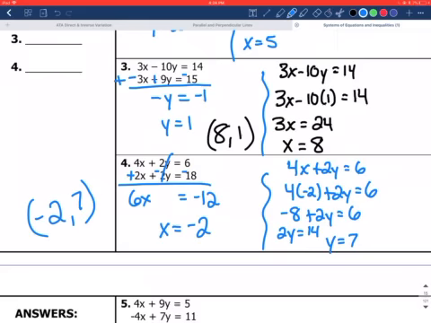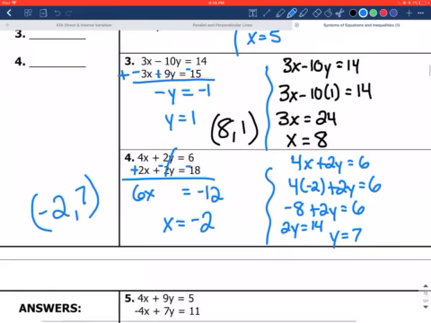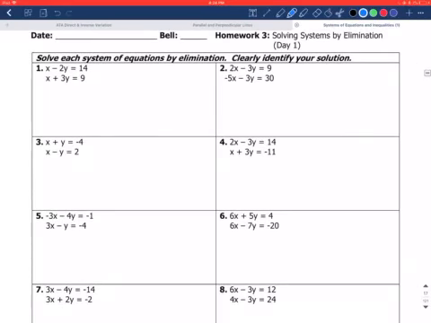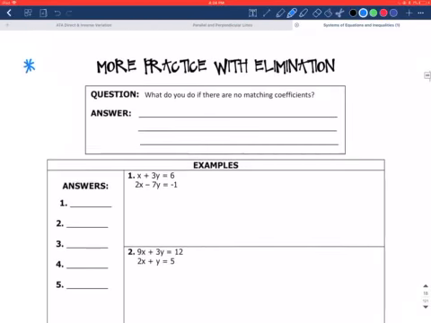Now, what I've done to make this a little easier on you guys is not give you this whole next sheet, but instead just gave you that first part of homework. And we're going to go to this more practice about what you do when there's no matching coefficients.